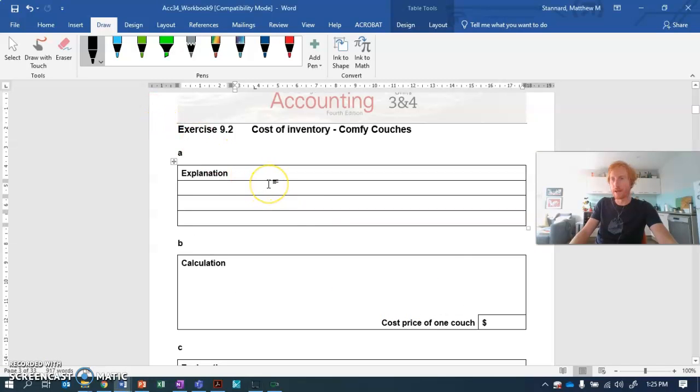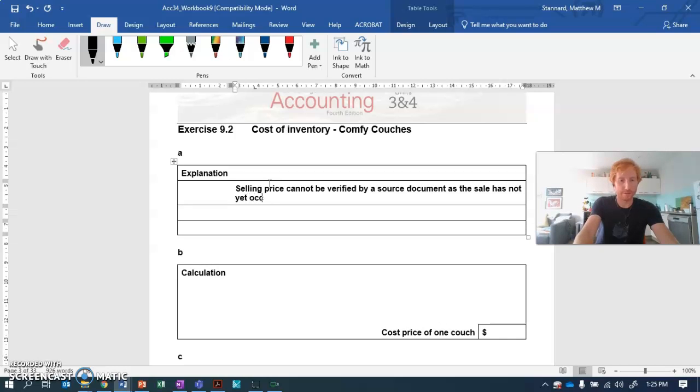The selling price cannot be verified by a source document as the sale has not yet occurred, hence breaching verifiability.